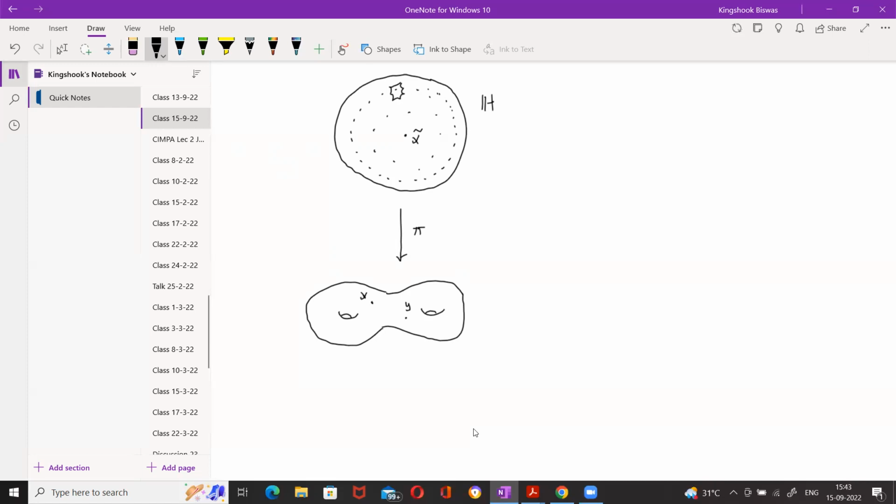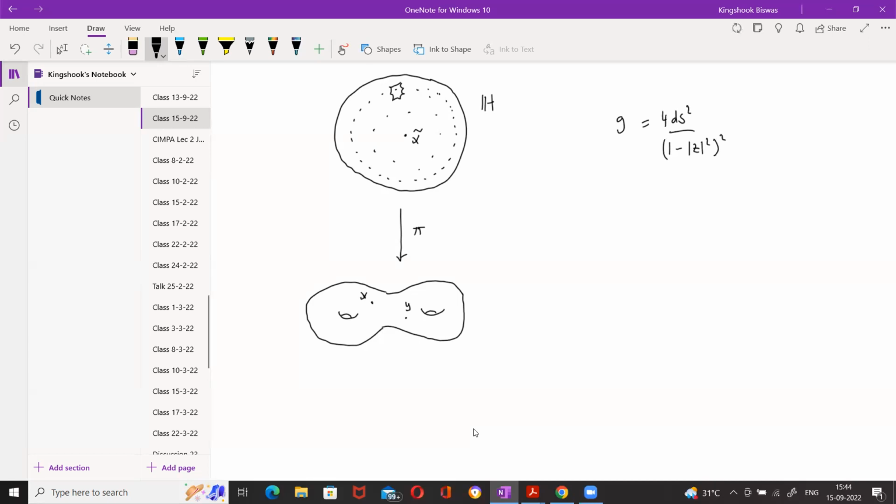But near the boundary of the disk, the Euclidean metric is much smaller than the hyperbolic metric, because the hyperbolic metric is the Euclidean metric ds squared divided by (1 minus mod z squared) whole squared, or maybe there's a factor 4.